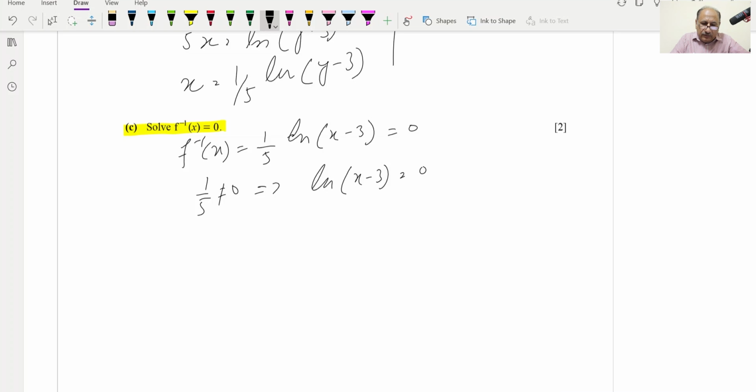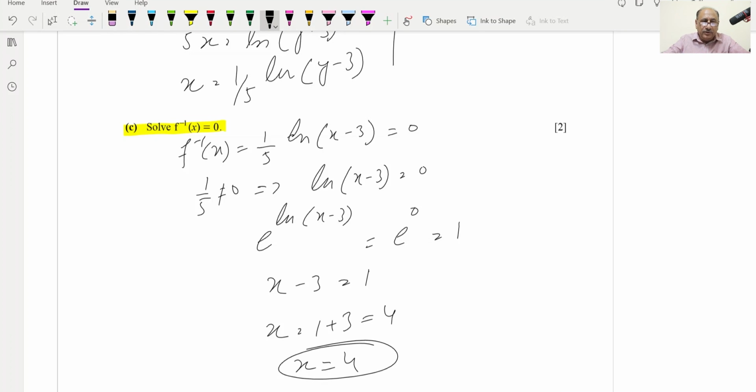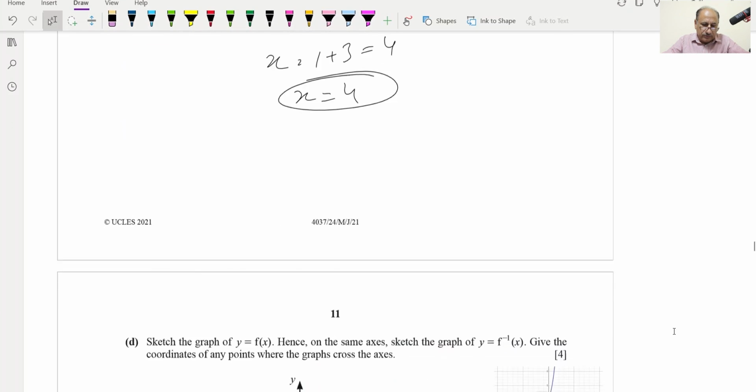We can take e base on both sides. So e raised to the power log of x minus 3 is equal to e raised to the power 0, and this can be written as x minus 3 is equal to 1. So x is equal to 1 plus 3, which is equal to 4, and x equal to 4 will be the final answer for this part. This is also a 2 mark question.